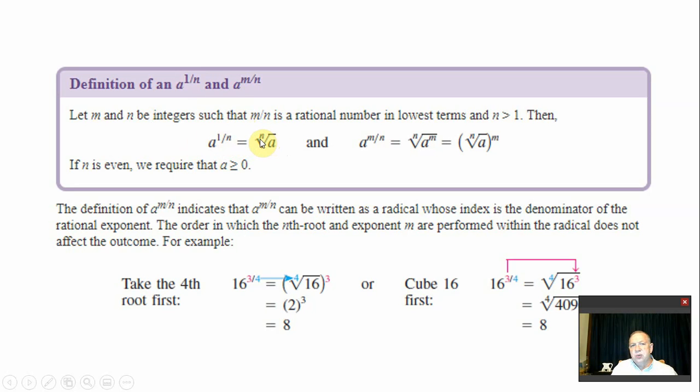So if this was the square root, this would be a to the 1/2 power. That's a rational exponent, a fractional exponent. A to the m over n has two versions: I can be taking the nth root of a to the m, or the nth root of a raised to the mth power. That's just two different ways of denoting that.